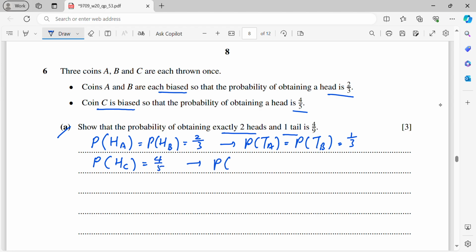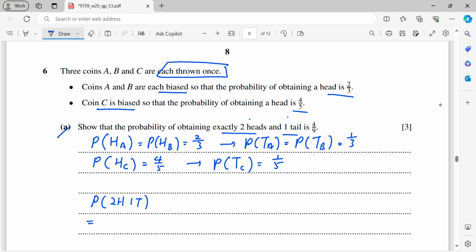That means to get the tail from coin C, it will be 1 over 5. Now, because each one is thrown once, so 2 heads, 1 tail. So now I have to consider which coin this 1 tail is from: coin A, coin B, or coin C.